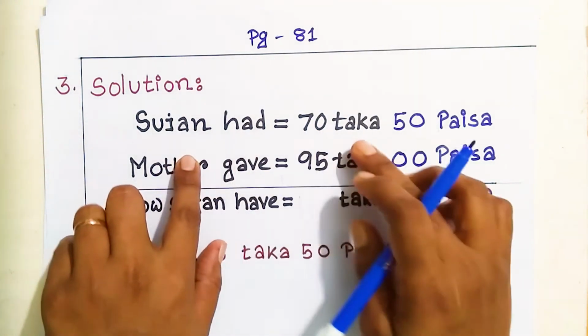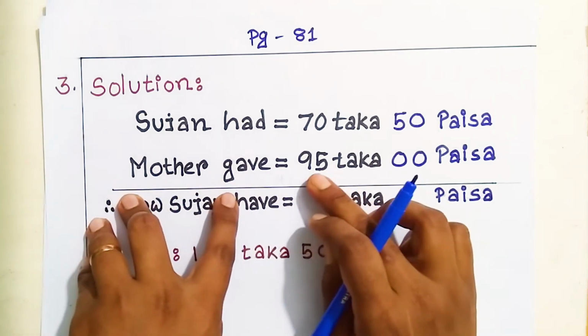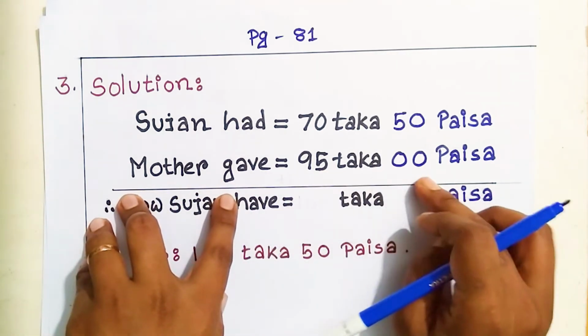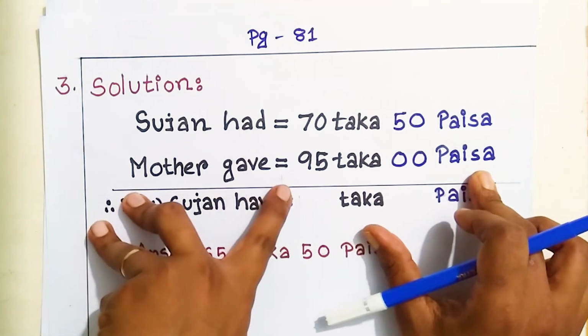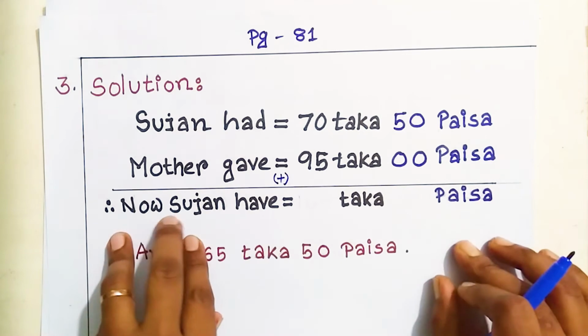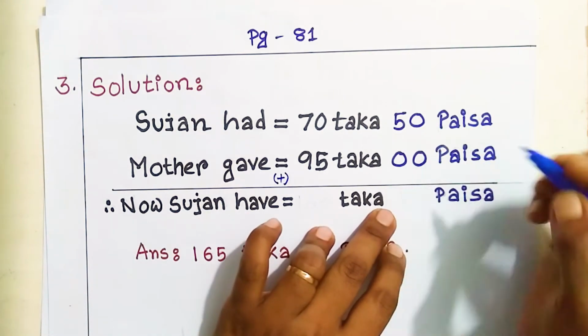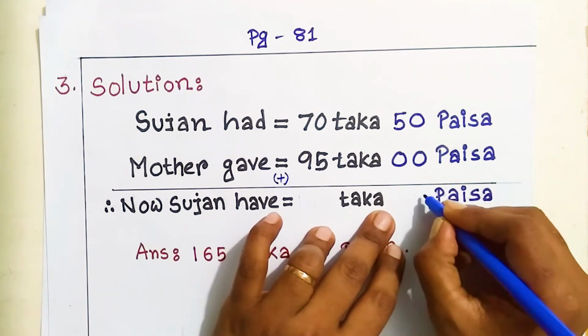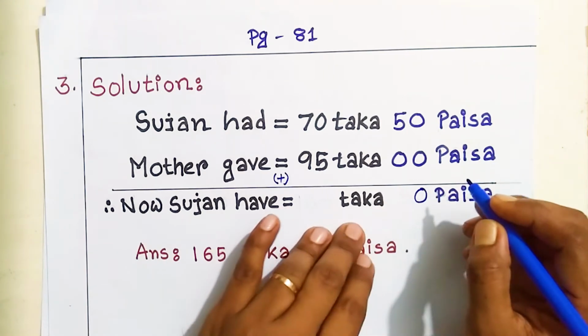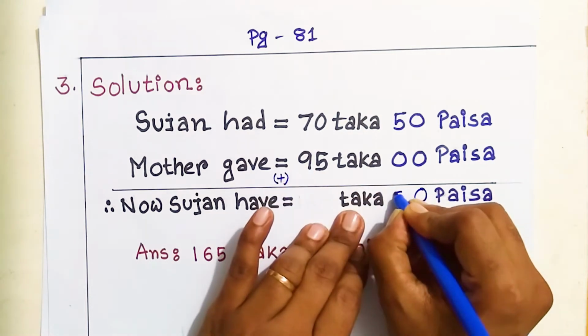Here Sujan had 70 taka 50 paisa and his mother gave him 95 taka and 0 paisa. So we will do addition here. Now how much does Sujan have? Here 0 plus 0 is equal to 0 and 5 plus 0 makes 5.